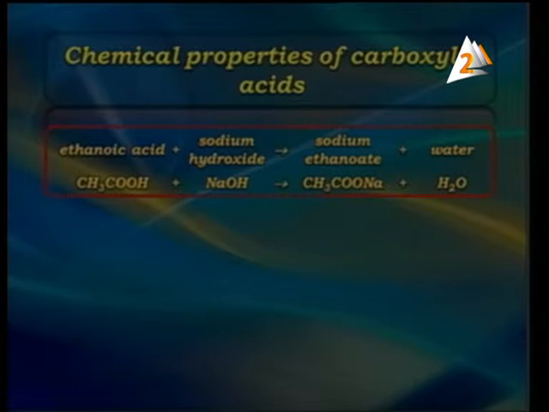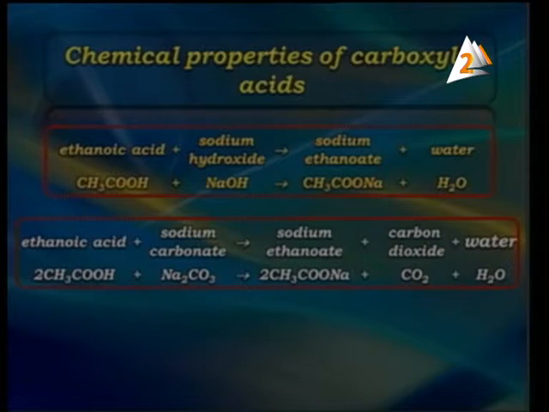So we have CH3COONa plus H2O. Any acid with any alkali gives us salt and water. Any carboxylic acid with any type of alkaline solution makes sodium ethanoate plus water, the salt and water.